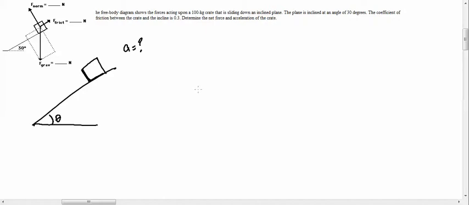Alright, first thing I want to do is talk about the forces. What forces are on here? Let's say, how much do you weigh? Well, let's say you weigh 200 pounds. So the weight is equal to 200 pounds.